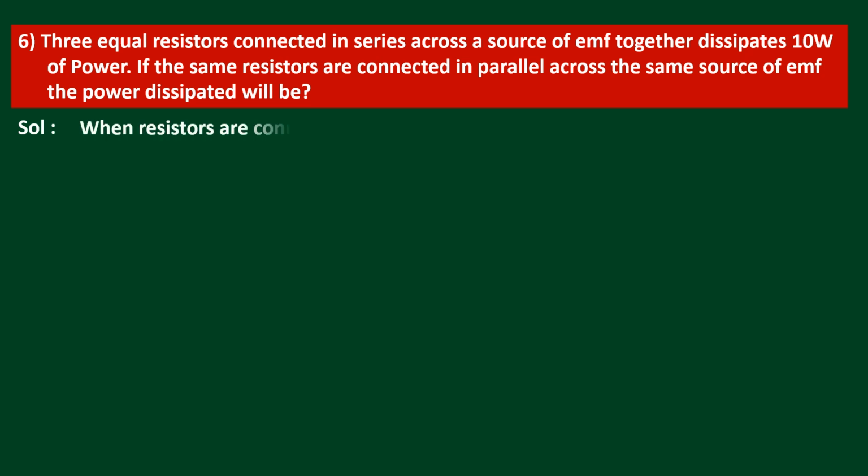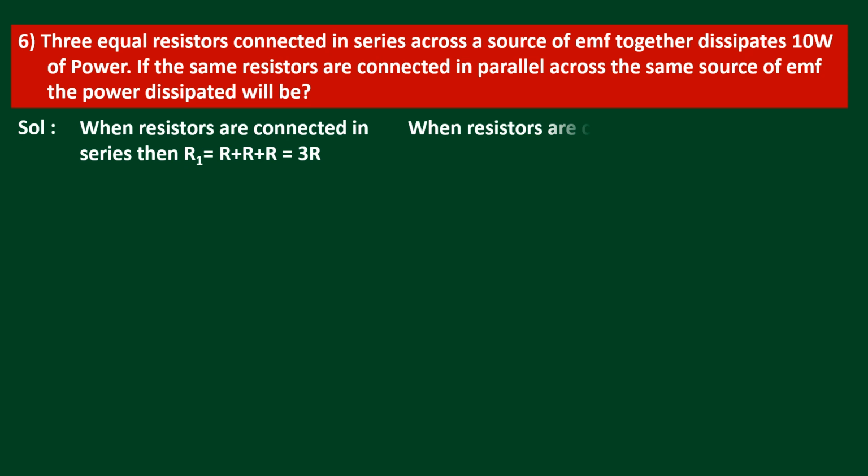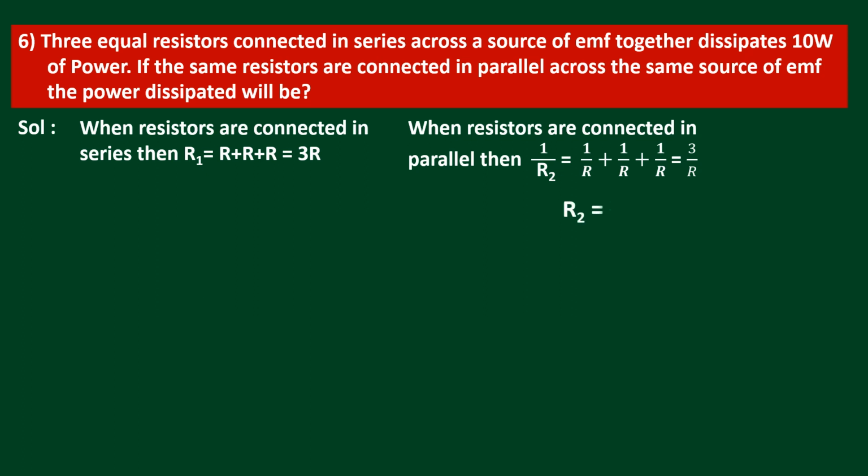When resistors are connected in series, then R1 is equal to R plus R plus R, that is sum of the resistances, is equal to 3R. When resistors are connected in parallel, then 1 by R2 is equal to 1 by R plus 1 by R plus 1 by R, that is equal to 3 by R. Finally, we get R2 as R by 3.